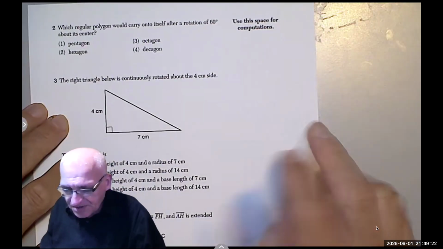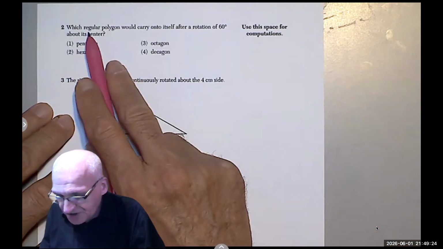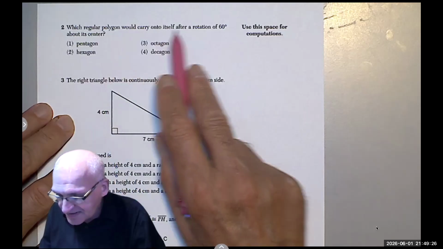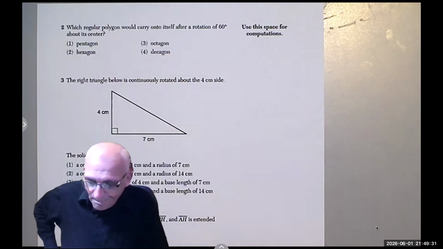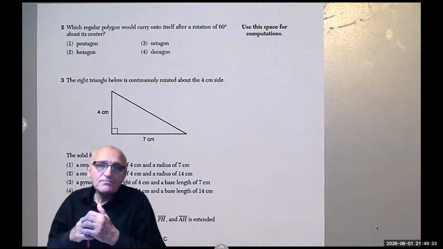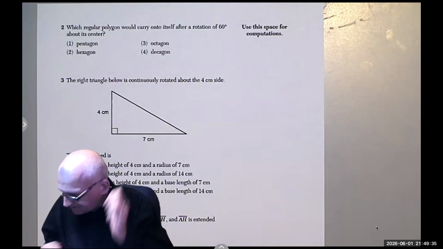Question number 2 says, which regular polygon would carry onto itself after a rotation of 60 degrees about its center? Now, how do we know that?